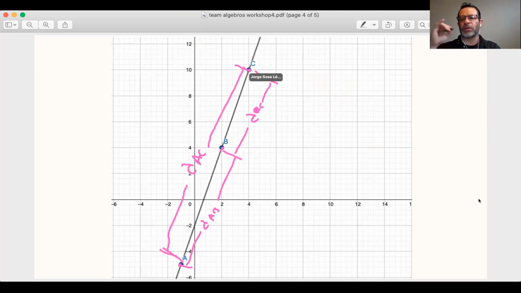We could have done all of the combinations of distances and followed the same rule of collinearity. If they're on the same line, the sum of the shorter distances has to be equal to the larger distance, and that occurs after we do the calculation.